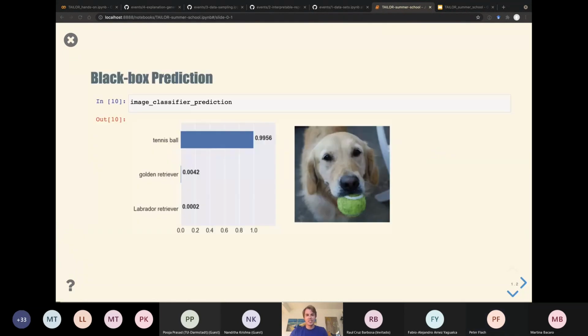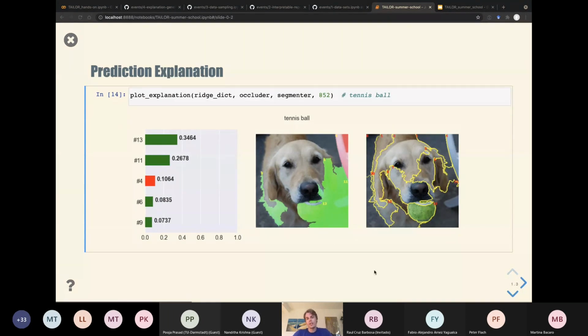Perfect. Right. So in this case, we are trying to explain a dog with a tennis ball. And the black box prediction says tennis ball 99%, and then a small percentage for golden retriever and Labrador retriever. We generate a Lime-like explanation for this image.